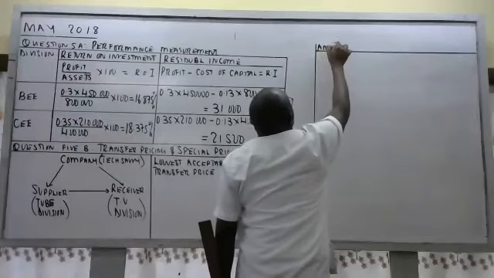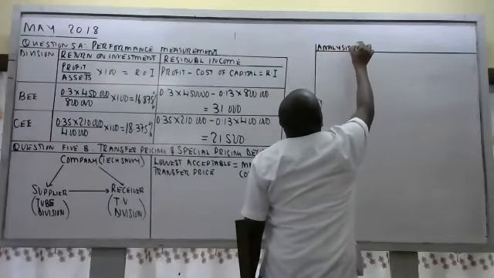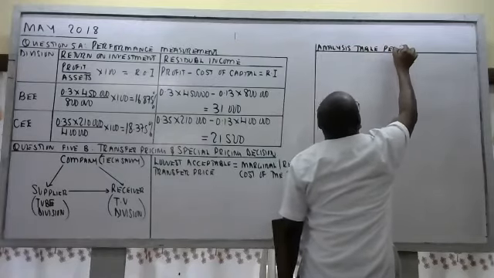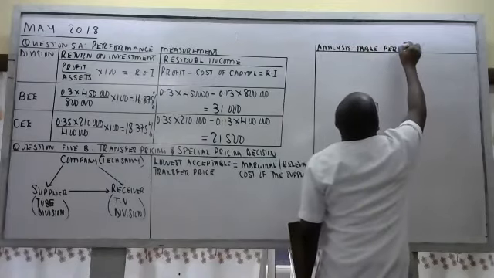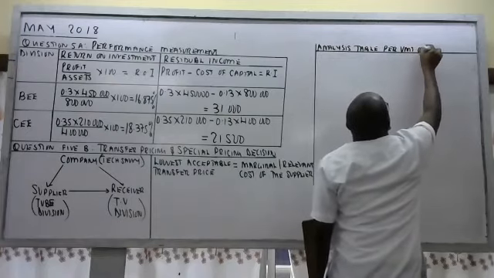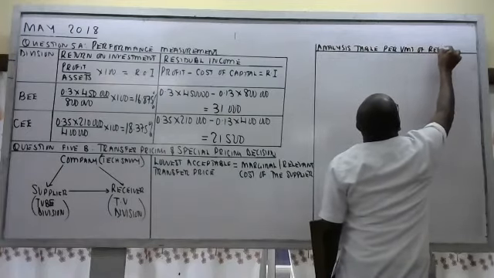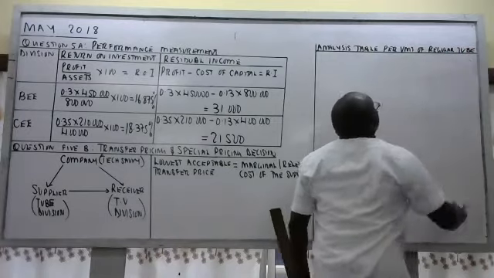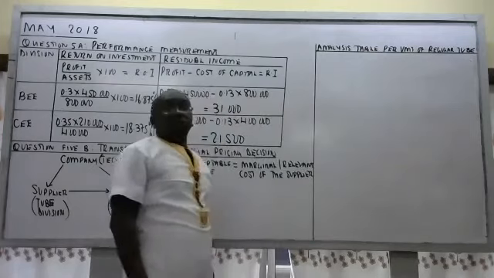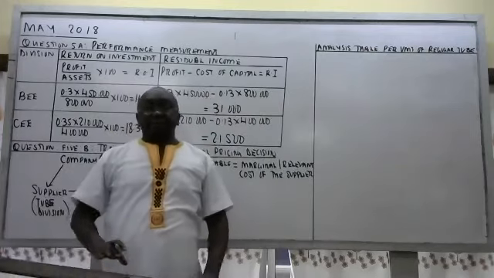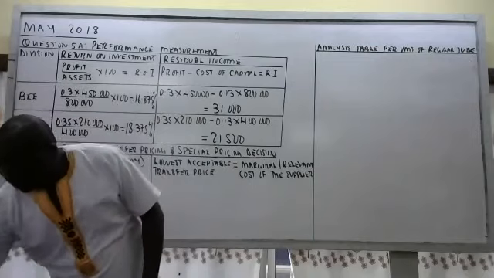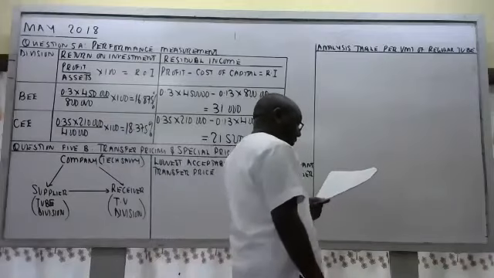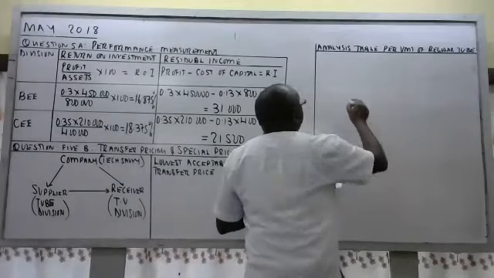So, analysis table per unit of the regular tube. The regular tube is the one we currently have.